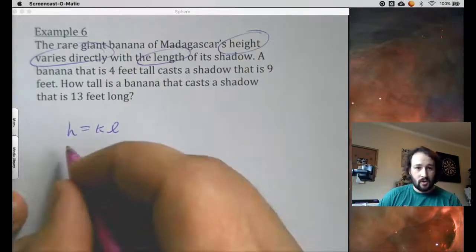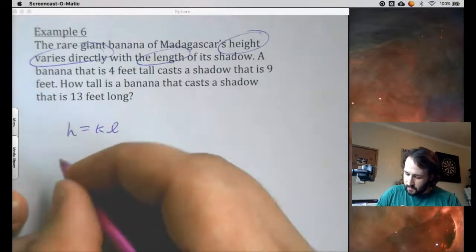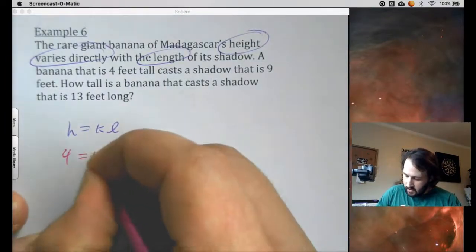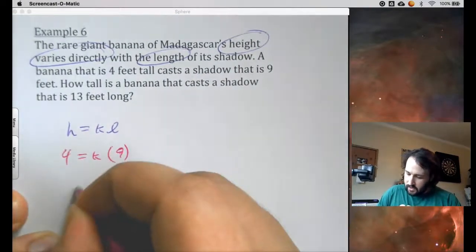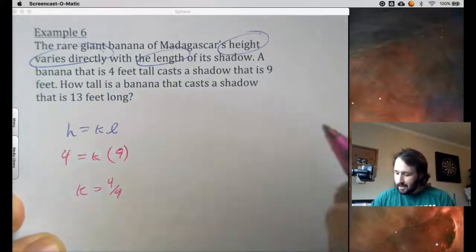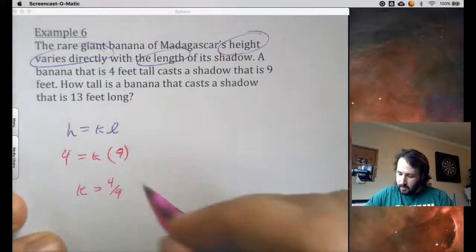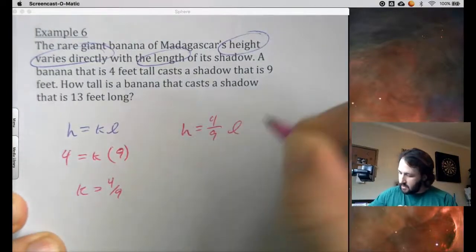So again, let's figure out what our constant of variation is. So I know the banana that's 4 feet tall, so 4 equals K times the length of the shadow, which was 9. So if I divide by the 9, that means K is 4 over 9, or 0.4 repeating. So now I have my equation, height equals 4 over 9 times the length.